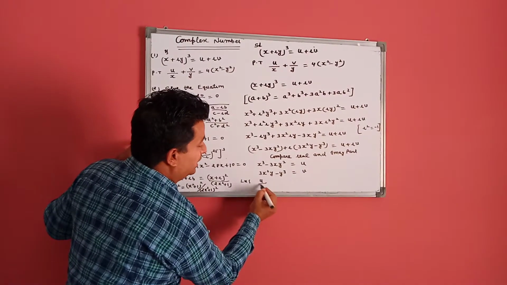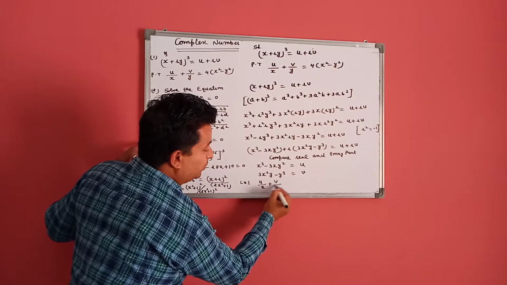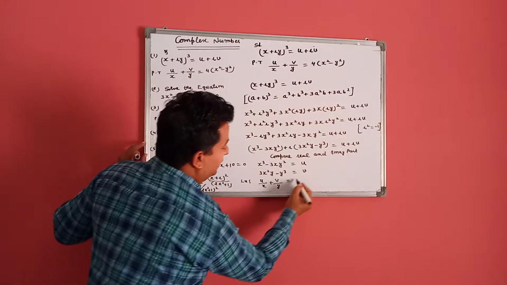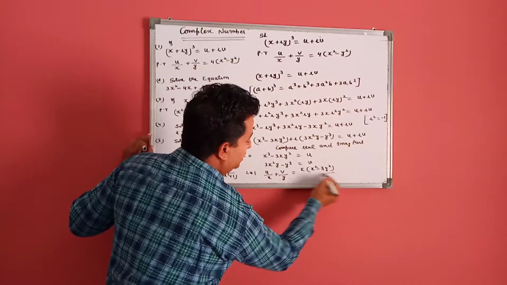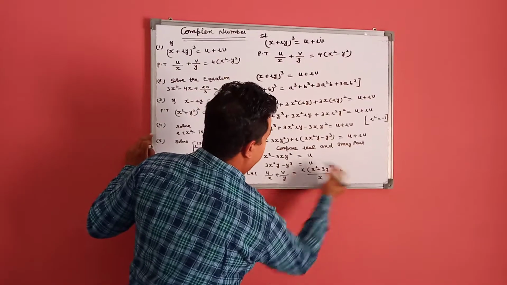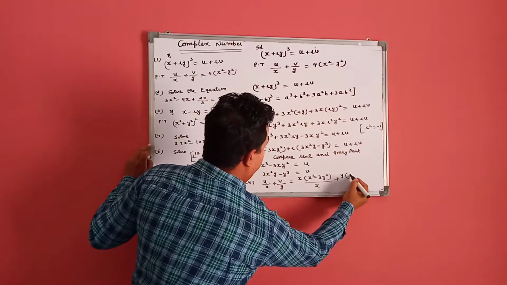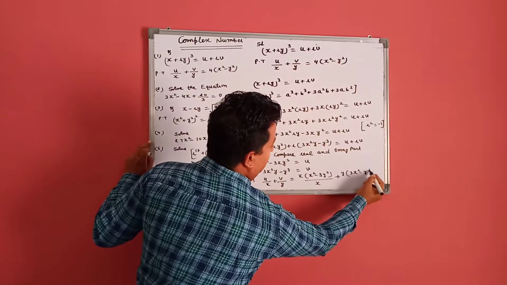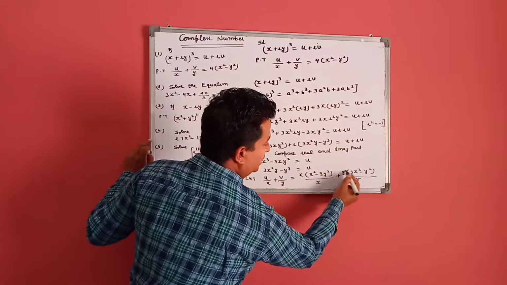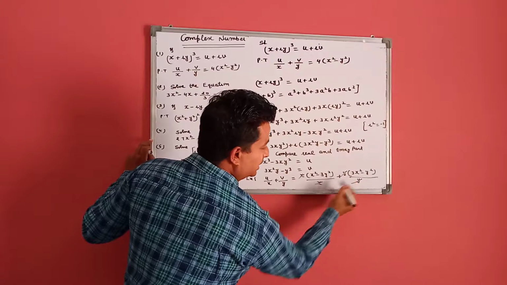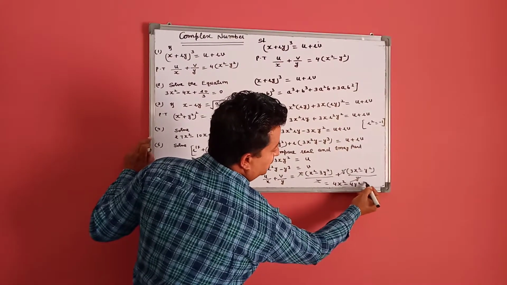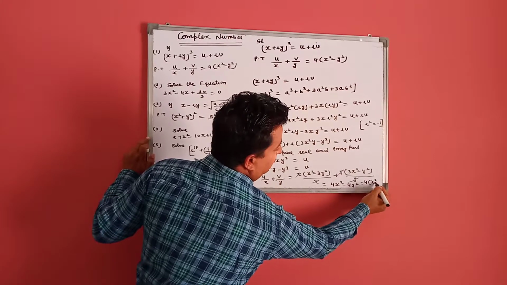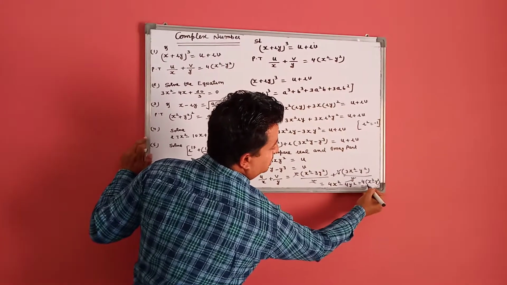As we know, the left hand side is u/x + v/y. Take x common: x² − 3y². In this, take y common: 3x² − y². This cancels out. x² + 3x² becomes 4x², and −4y². Take 4 common, then we get the right hand side.